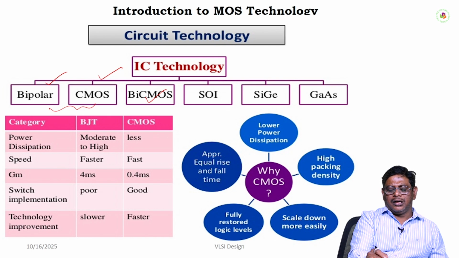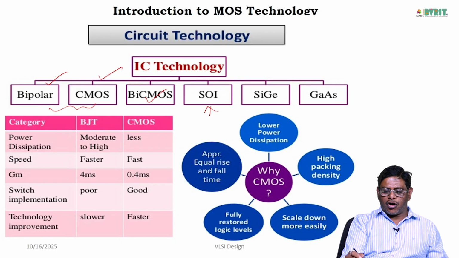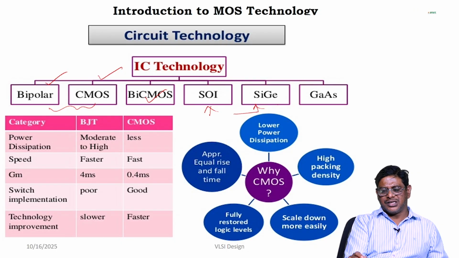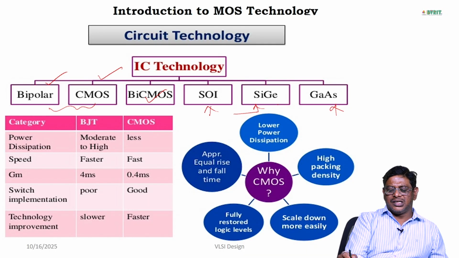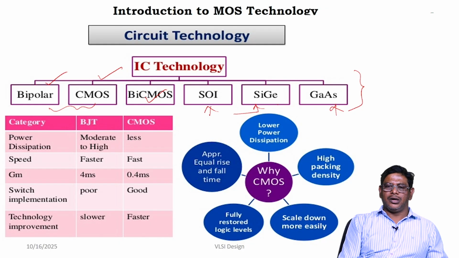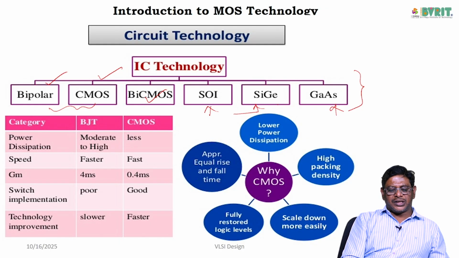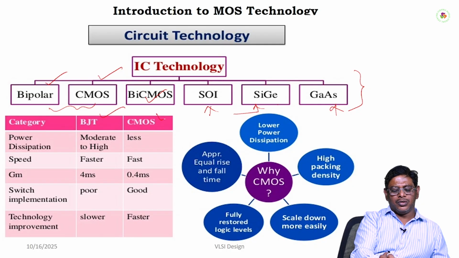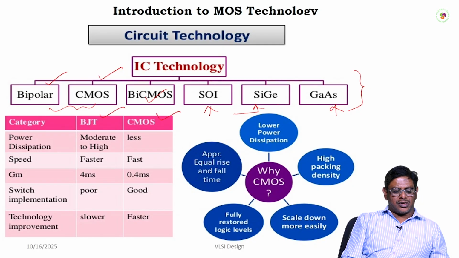The next is silicon on insulator, and a combination of silicon and germanium, and also gallium arsenide technology. So these are the different classifications of IC technologies. An earlier version of IC technology is BJT, and later we moved on to CMOS technology.